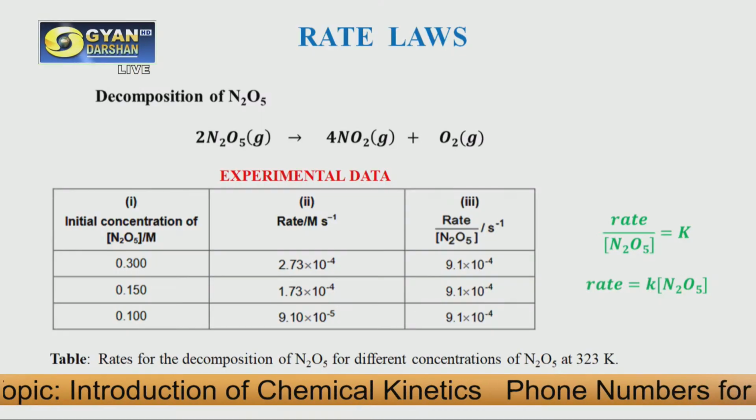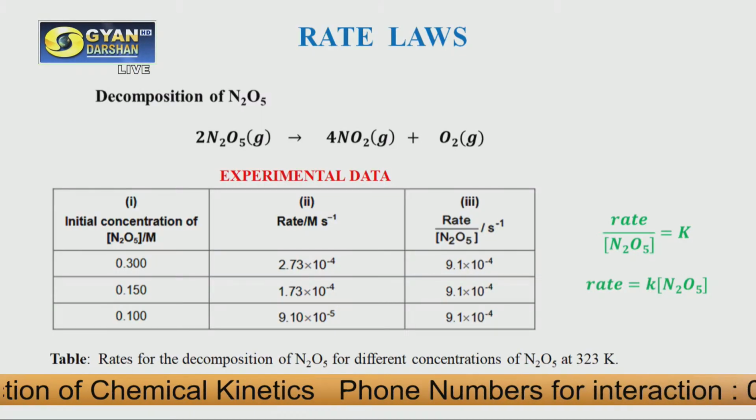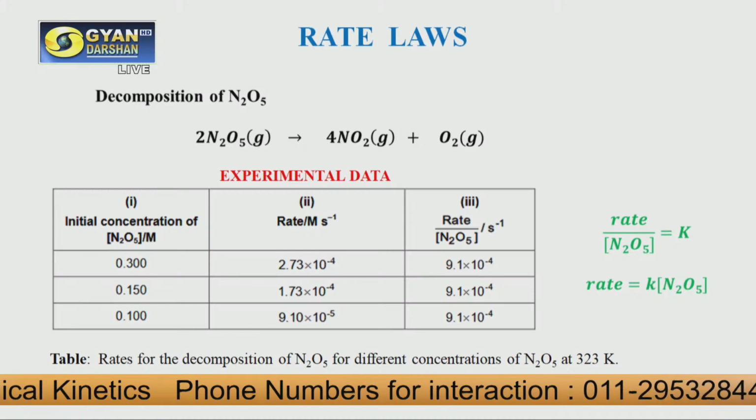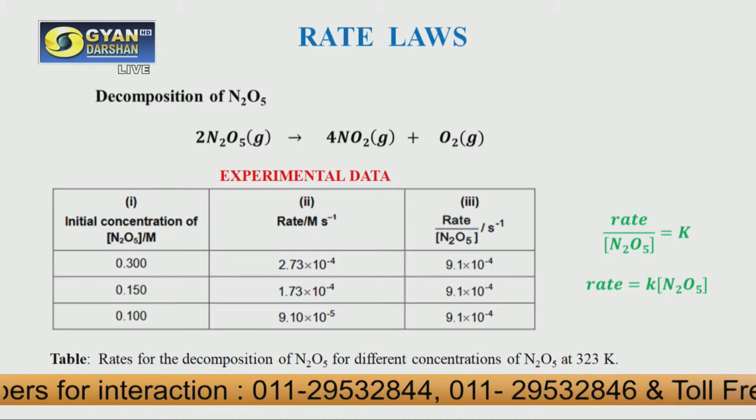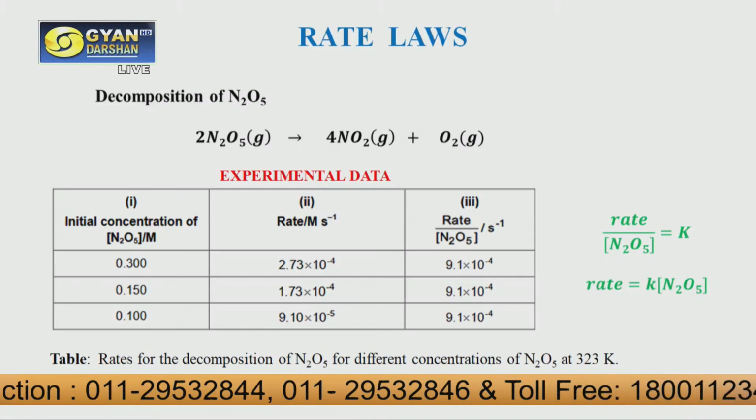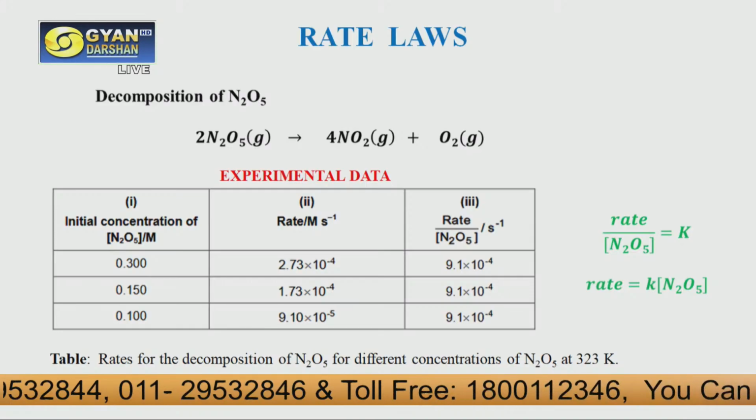After that, what is the rate law? Actually, the rate law is the combination of the rate constant and the concentration. Simply, take the decomposition of nitrogen pentoxide; it will give 4 moles of nitrogen dioxide and oxygen gas.